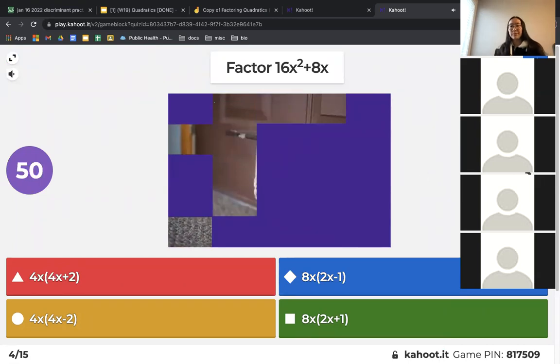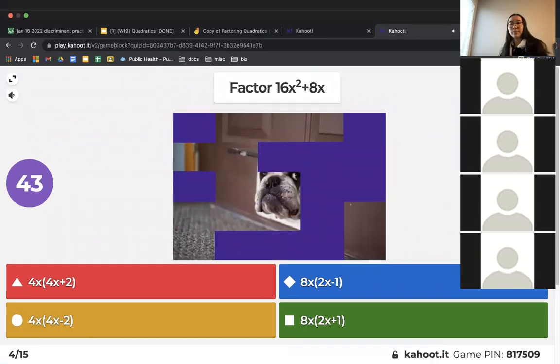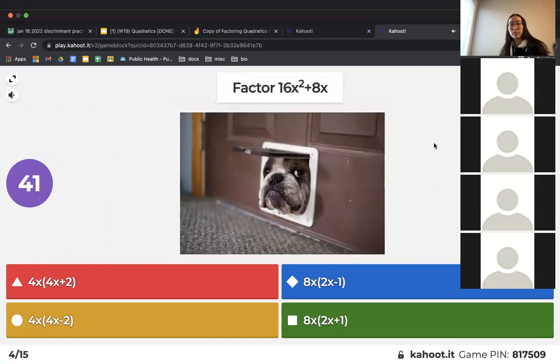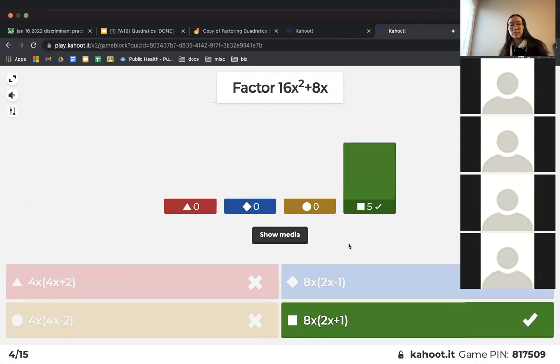All right, just be careful. Remember, 4x is not the greatest common factor. There's one that's even bigger than that. Wow, all of you guys got it. All right, good work. So the greatest common factor here is 8x.